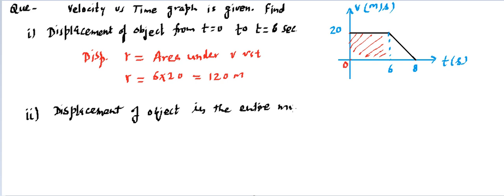That means we need to find the total displacement. You just solve and give the answer in the comment section, what the total displacement is going to be. When we say total displacement, we are looking for the displacement running from the initial time 0 to the final time, which is 8 seconds. You can try and give the answer in the comment section.